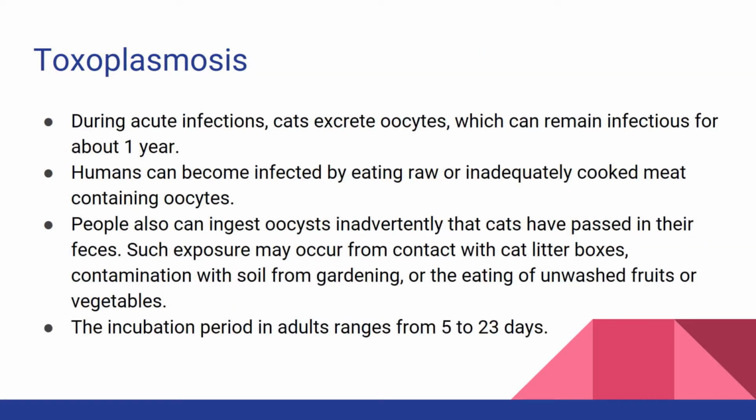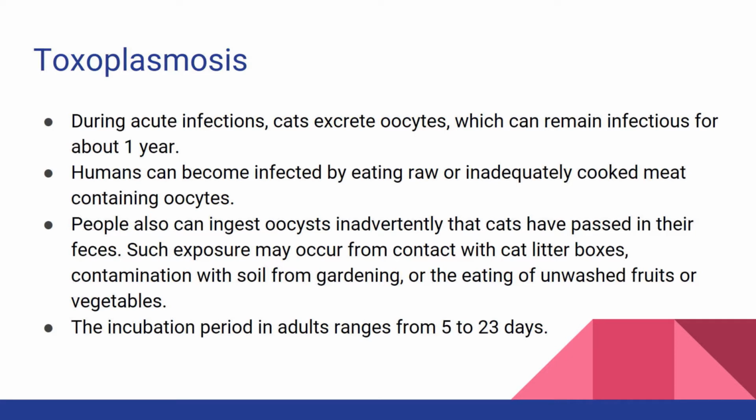During the acute infection, again, just going over it, the cats excrete these oocysts, and the incubation period in an adult ranges between 5 and 23 days. It's important to note that it can be passed on not just through raw or undercooked meat, but also through exposure to cat litter boxes, as well as contamination from soil with gardening or unwashed fruits or vegetables.